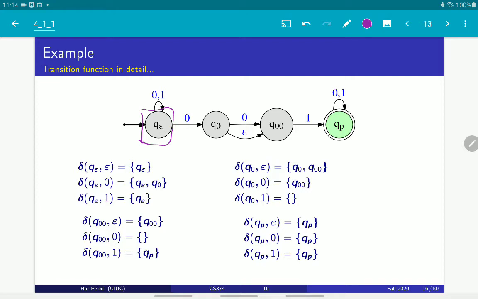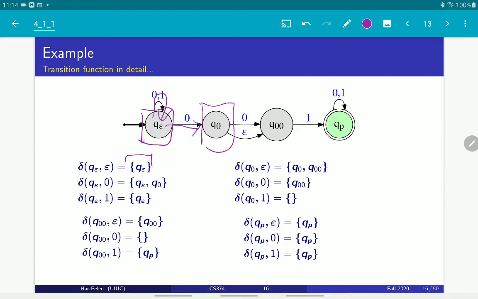First, we might always stay in the state we are in. So in this case, it's just going to be Q epsilon. Notice that this is true for every state, right? The transition from a state with an epsilon always is going to include the state itself. Okay. Q epsilon with 0, well, we might stay where we are, or we might go here.